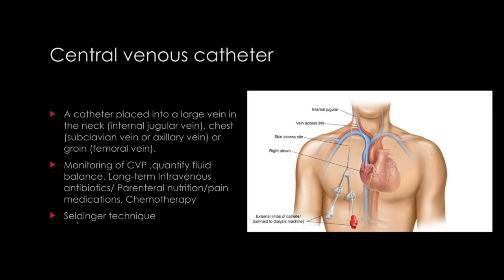The technique used is called the Seldinger technique, where you puncture the internal jugular vein, then you pass a guide wire into it, then you use dilators, and then finally you pass the catheter over the guide wire to place it into the vein.